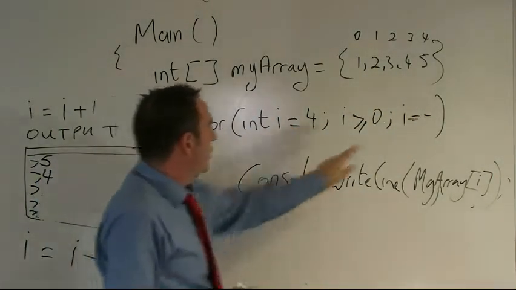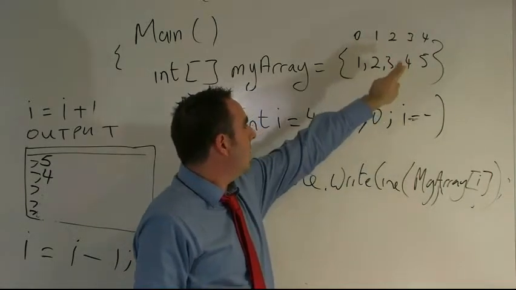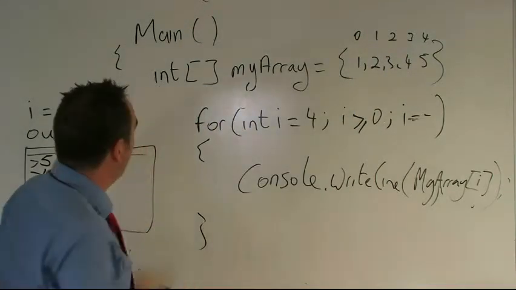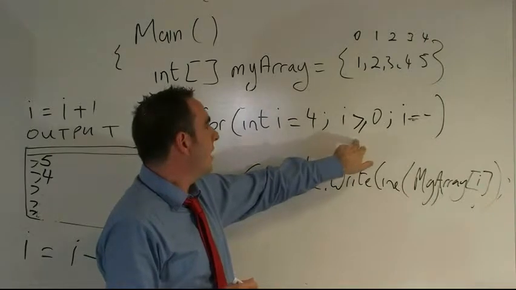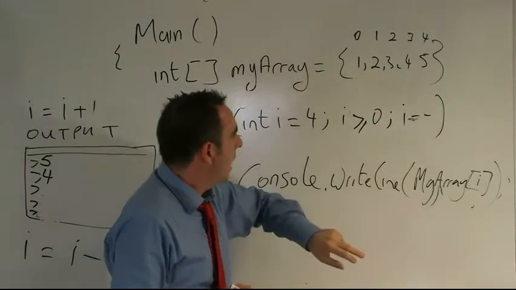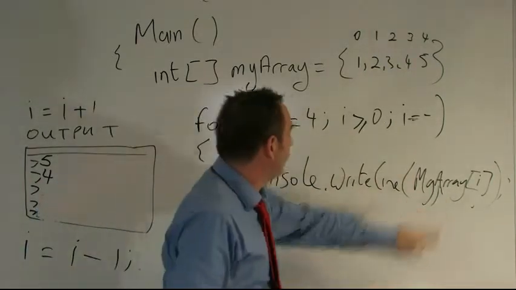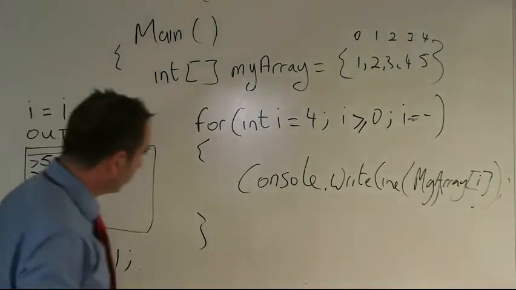Come to the end of our loop, do our decrement, so i is equal to i minus 1, so 3 goes down to 2. Then we check our condition again: is 2 greater than or equal to 0? That resolves to true, and we will print to the screen position index 2, so we'll get 3.